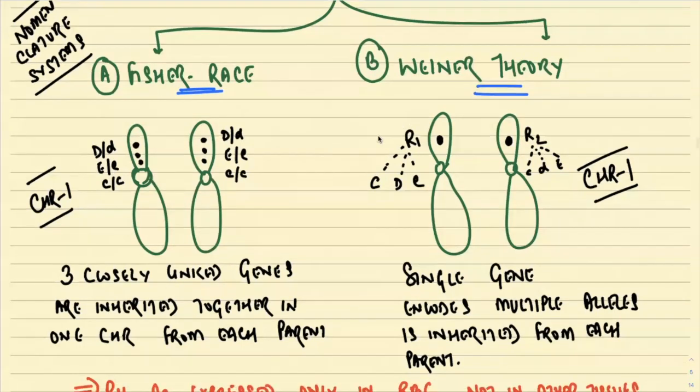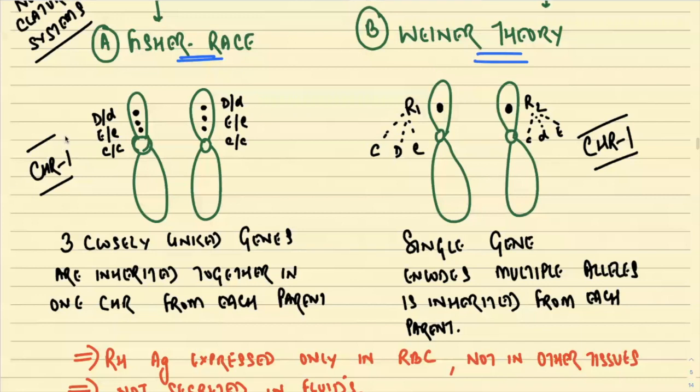Both theories say the same thing: on the short arm of chromosome number 1, the Fisher system says that three closely related genes, D, E, and C, are inherited together, one from each parent. For example, this is from the mother, this is from the father. These three closely related genes are inherited from each parent, and they are responsible for the different alleles and the different antigens.